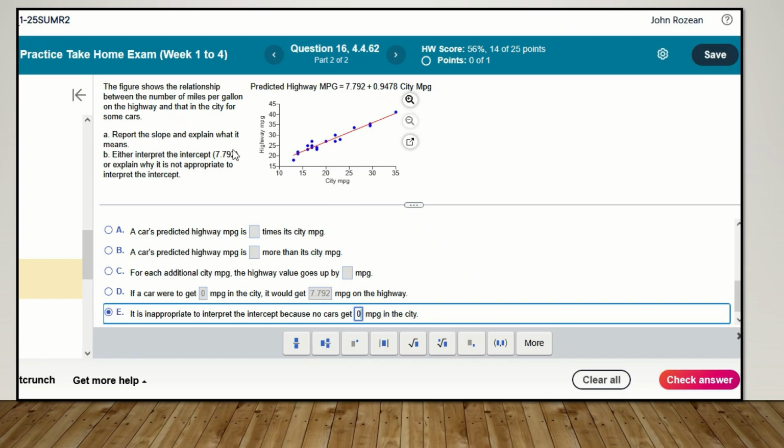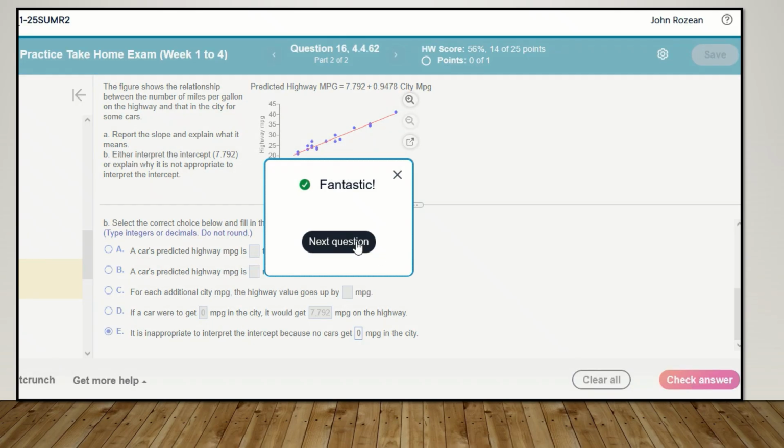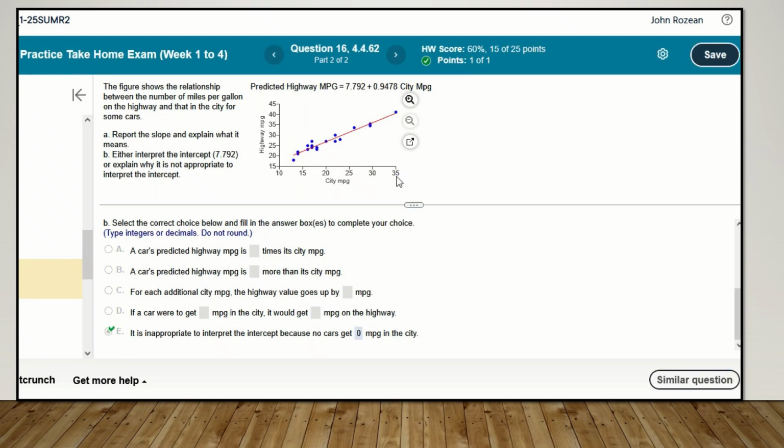So you got to think of it this way. The intercept is when X is 0. That's got to be the one. So be careful with that one. I misinterpreted that one twice so far. So that's a possible problem area, or I just don't know what I'm talking about.